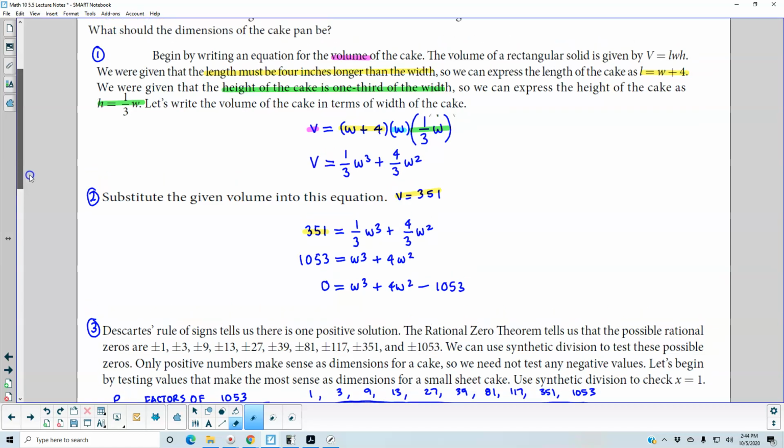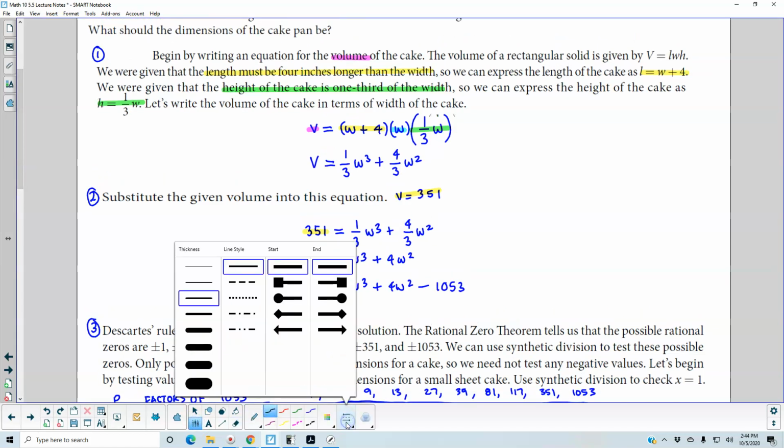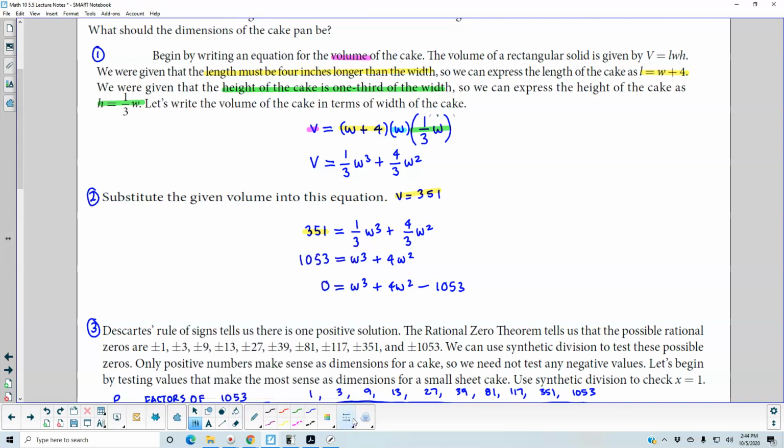Now, Descartes' rule of signs tells us that there is one positive real solution, because there's only one sign change going from plus to negative here. The reason we're only dealing with positive solutions is because we're dealing with a length, width, and height. We don't want negative solutions because it wouldn't make sense.